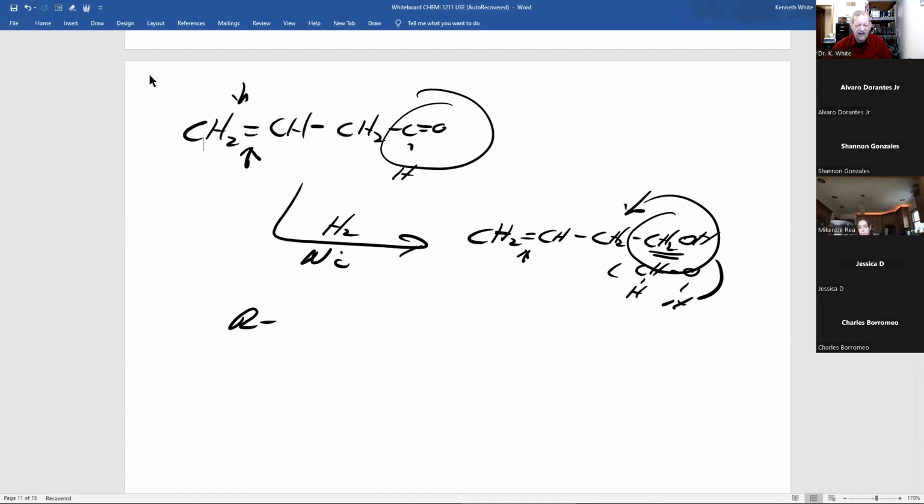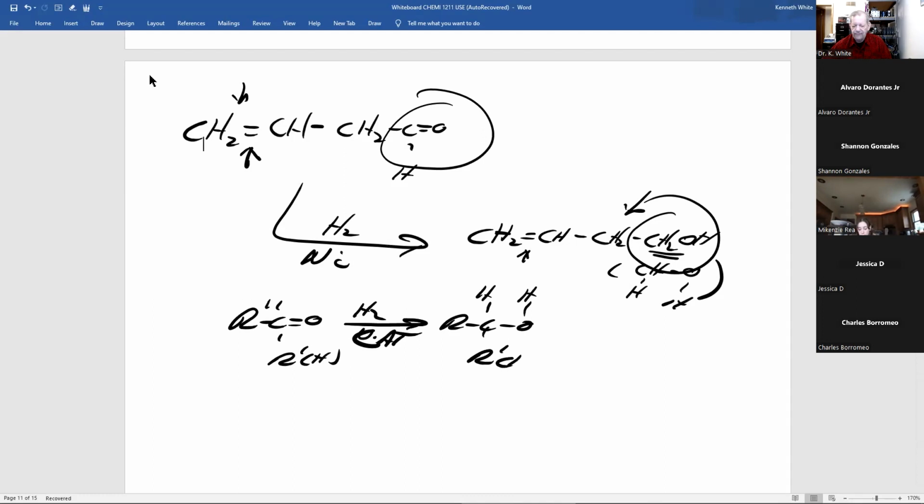I have an aldehyde or ketone that if I hydrogenate, I'll make this molecule, but I have a double bond.